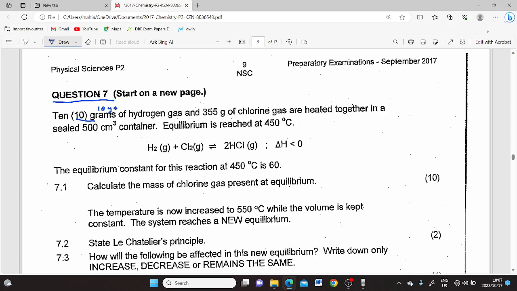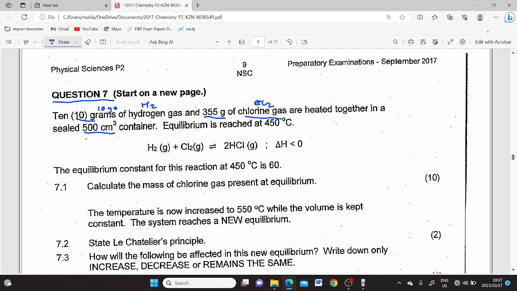Of hydrogen gas and 355 grams of chlorine gas. So that is Cl2, and hydrogen gas is H2, heated together in a sealed 500 centimeter cube container. So we convert centimeter cube to decimeter cube.